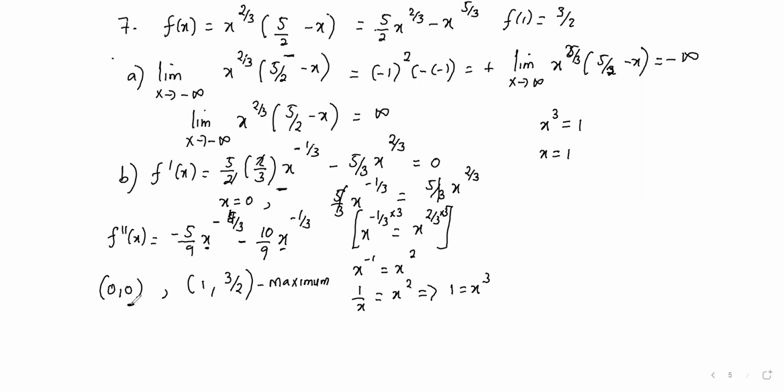So for the intervals of increasing and decreasing, we are sure that it would increase from 0 to 1, since it's a maximum, and decrease from minus infinity up to 0, and then union 1 up to infinity.